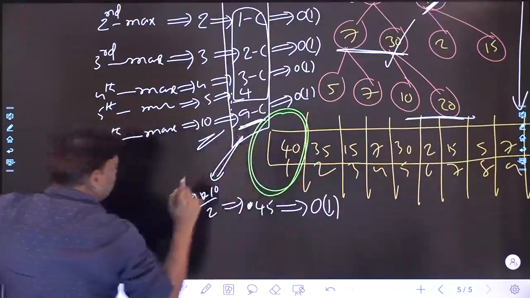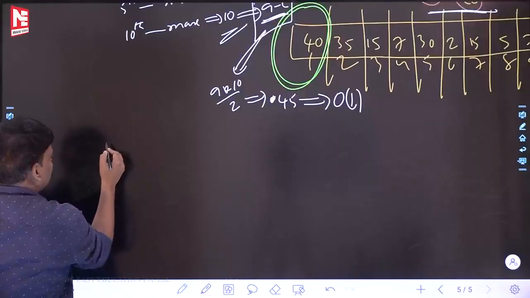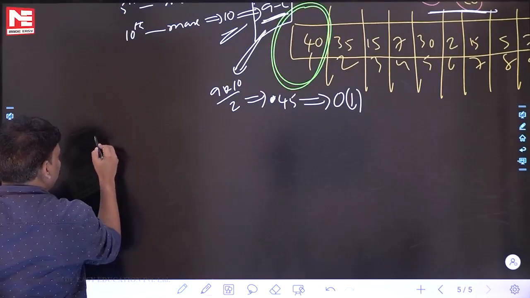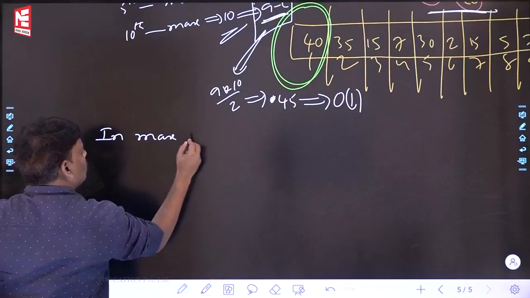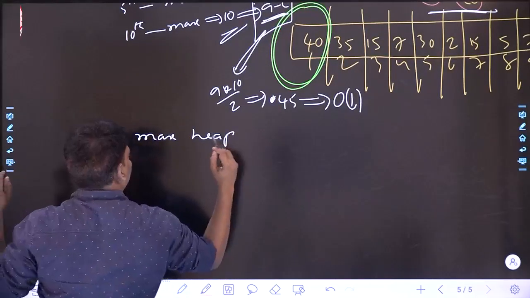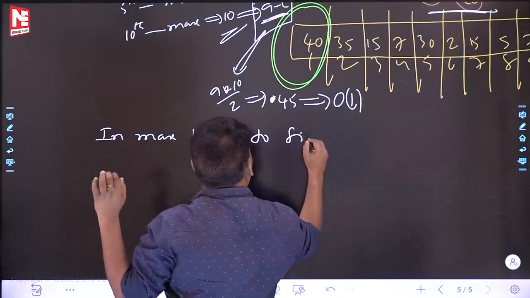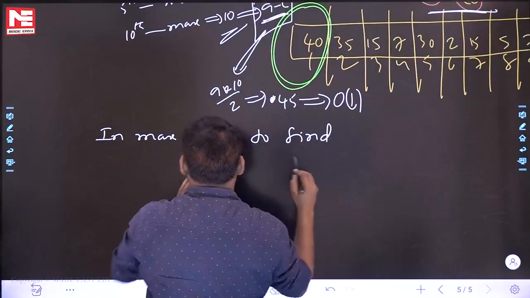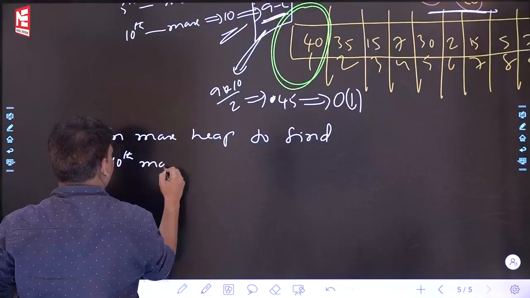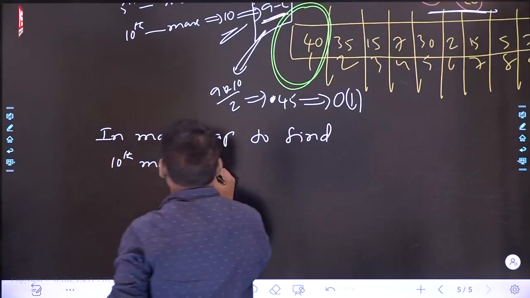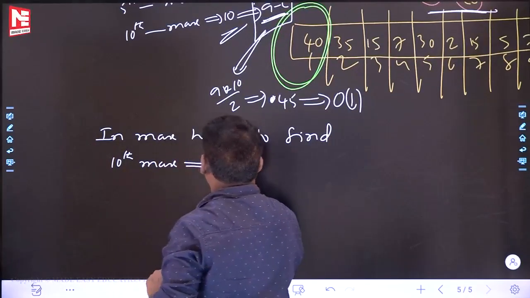From all these, see the final conclusion. In a max heap, to find the 10th maximum, can you help, total comparisons how many?